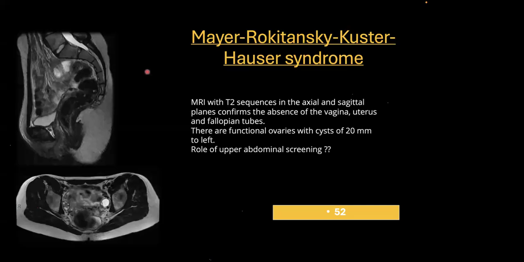MRKH. So there is no uterus, there is no cervix, but we can see bilateral ovaries. So this is Rokitansky syndrome. And what is the role of upper abdominal screening in this pathology? It is usually associated with renal agenesis, right? Yes, very good.